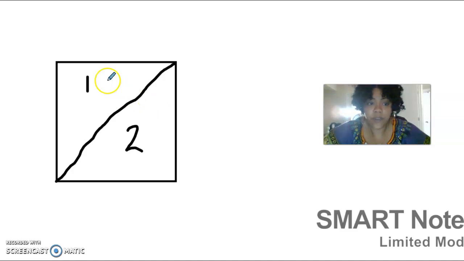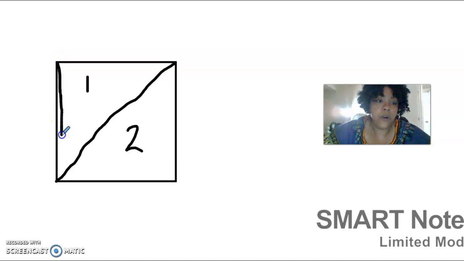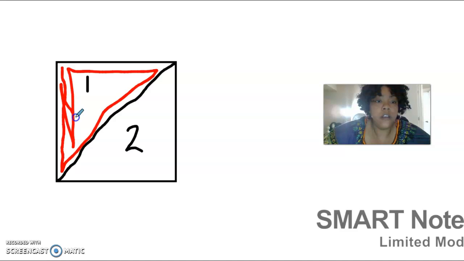Well, if I just look at the first part, I'm gonna do that in a different color. So let me erase this line, and then I'm gonna switch colors real quick. So I'll switch to a red crayon, and I'm going to shade in this half of the square.